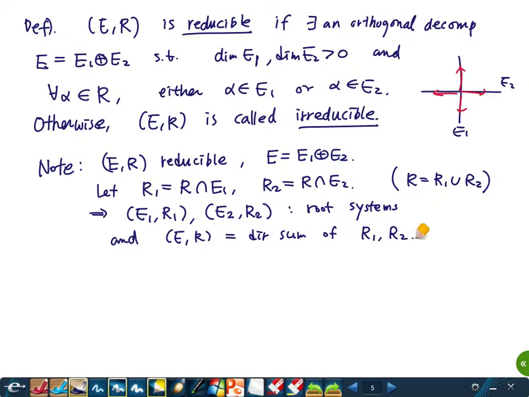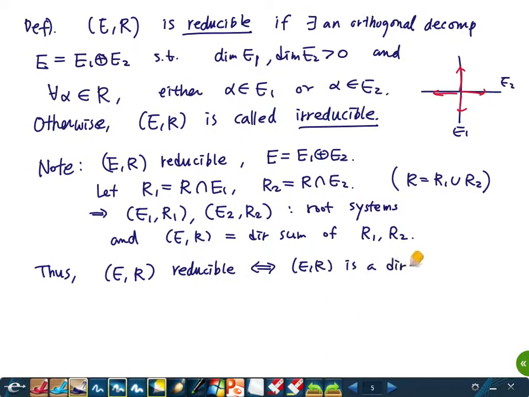All right. In fact, in the last chapter we have seen something like this, so let's record that. Thus, a root system is reducible if and only if it is a direct sum of two non-trivial root systems.